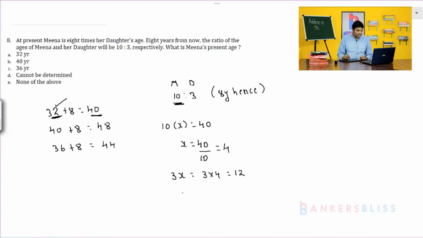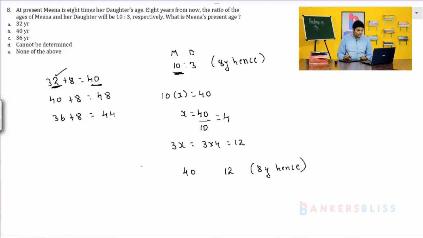So after 8 years, 8 years hence, the ages are 40 and 12. If I go 8 years back, it is 32 and 4.